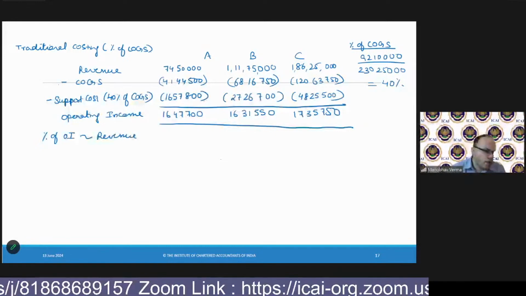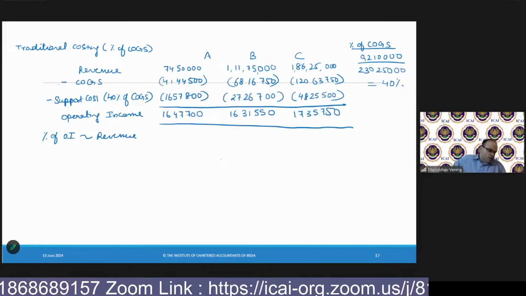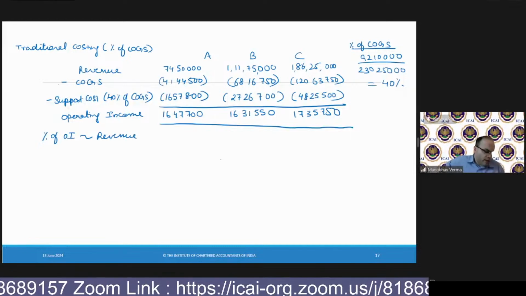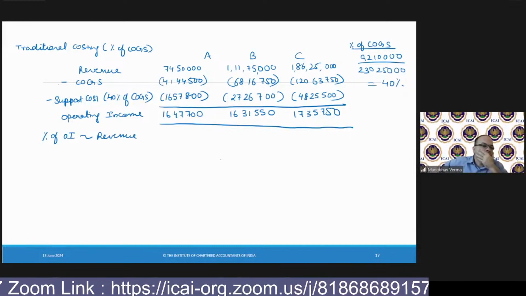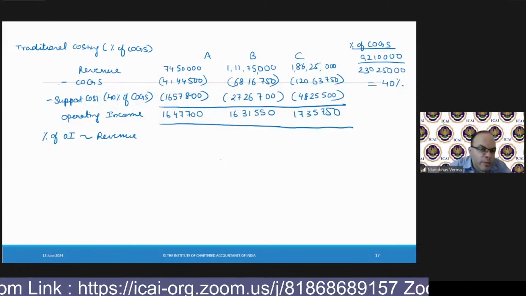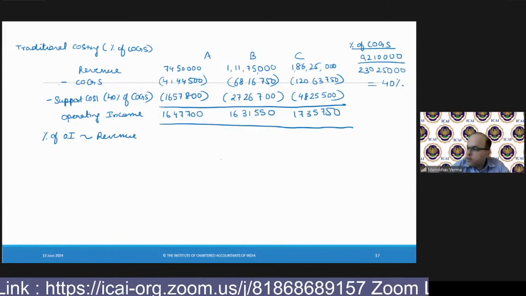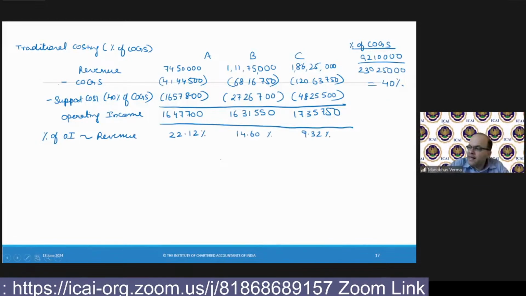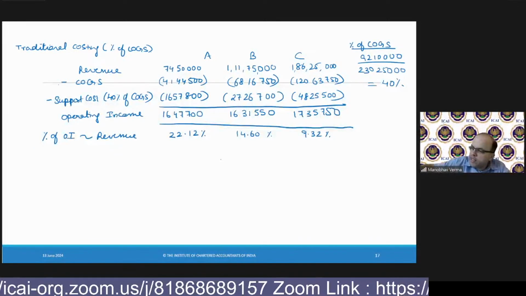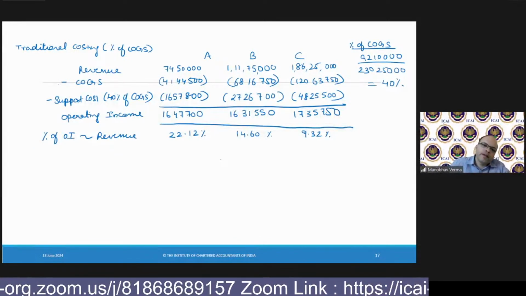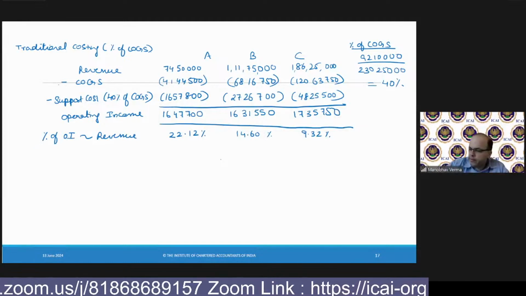Someone says for A it is 22.12. What for others? Anyone on the query panel? 14.6 for B. Perfect. Yeah, that means my workings are matching with you guys. We're looking at 9.32 must be for C then. That's what we are getting at.